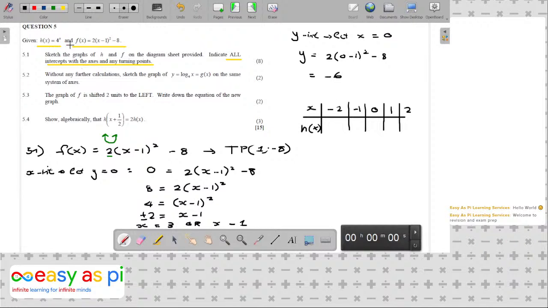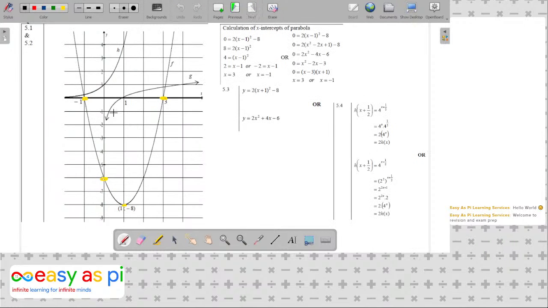For instance, 4 raised to the power -2 is 1 all over 4 squared, so that's 1 over 16. This would be 1 over 4. This would be 1. This would be 4. And that would be 16.